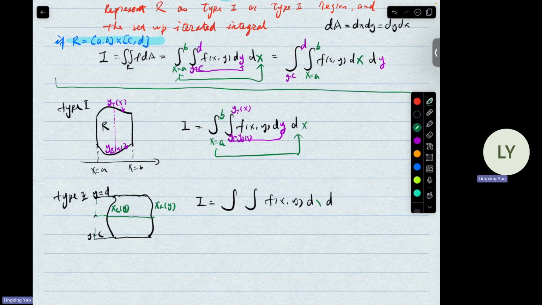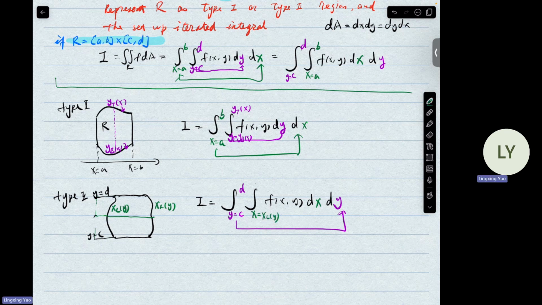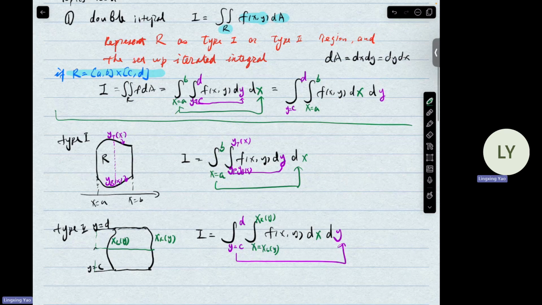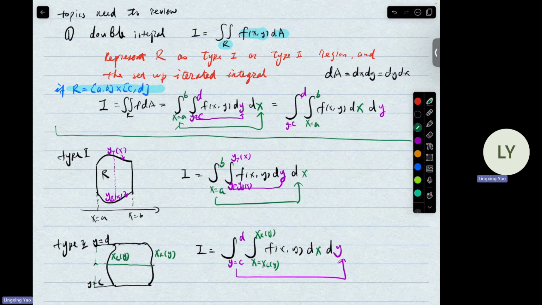We're integrating about the x variable as the interior integral, and we're going to integrate the y variable for the exterior integral. And here we know y is running from c to d. All right, and then x is going from the left to the right.